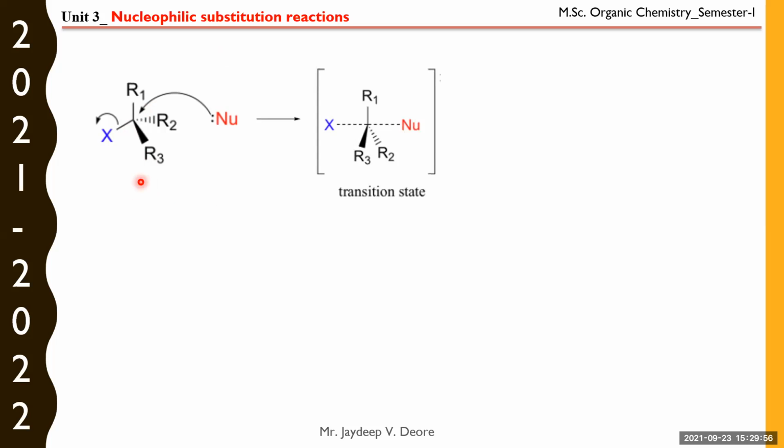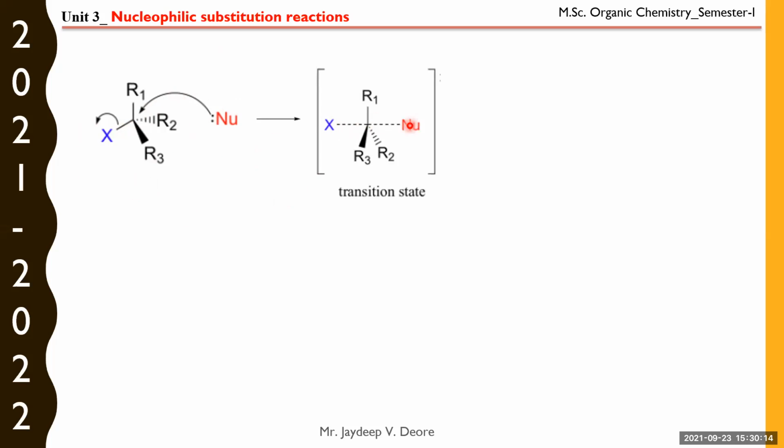But here the nucleophile initially attacks and then the leaving group departs. So there is bond making and bond breaking taking place together, so it is a concerted process. The bond making and bond breaking taking place together is known as a concerted process.